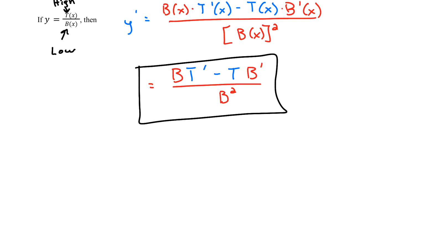So if I look at the formula that I have written here for my quotient rule, it says b, so I'm going to call that low. T prime, well that's the derivative of t, which is the high, so I'm going to say low. To show the derivative, I'm going to say d high.